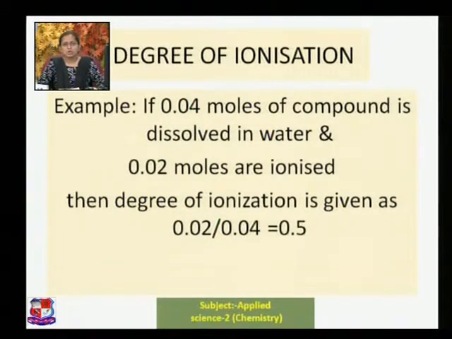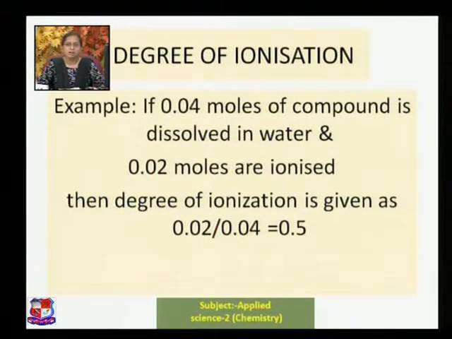Degree of ionization is equal to the number of molecules ionized divided by the total number of molecules dissolved. To understand this formula, I have chosen one example. Suppose we take 0.04 moles of a compound and dissolve it in water. When we dissolve it, only 0.02 moles are ionized.